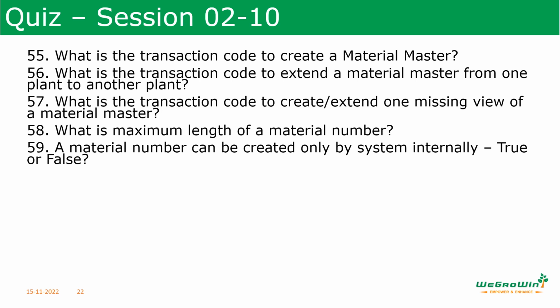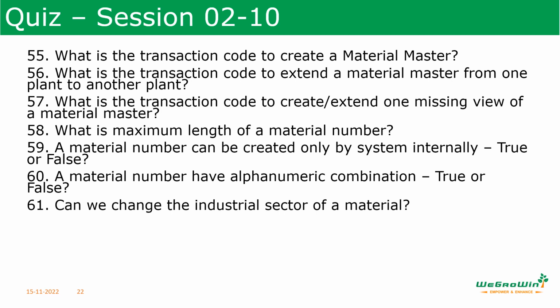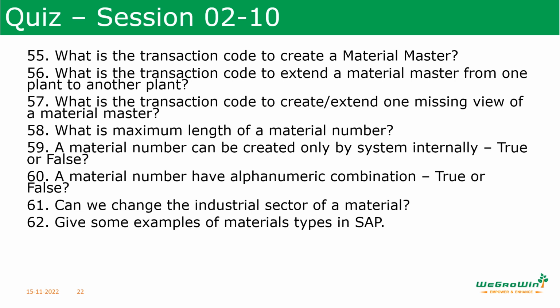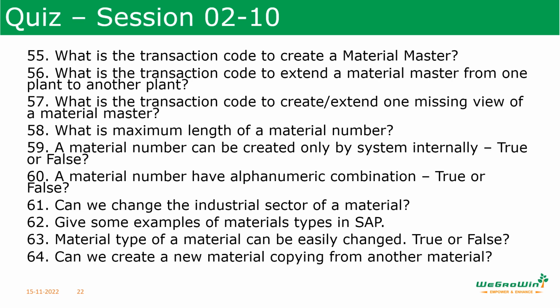And, material number can be created only by the system internally, true or false? A material number can be an alphanumeric combination, true or false? Can we change the industry sector of a material? Give some examples of material types in SAP. The material type of a material can be easily changed, true or false? Can we create a new material by copying from another material? This is the quiz of this session.